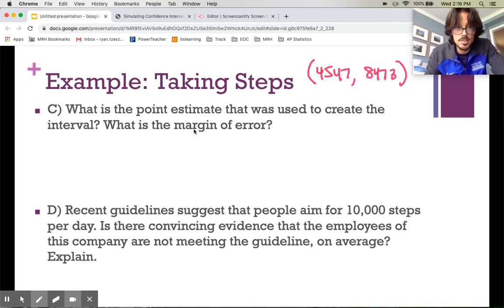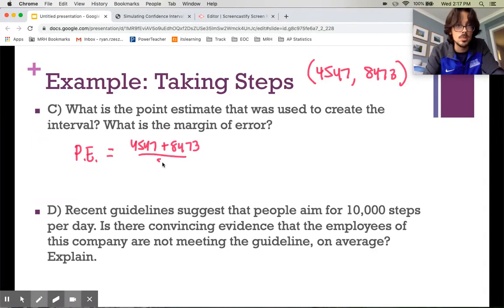If you think back to my example way back when I started this lesson, the point estimate is the middle of your interval. So if I were to average these 2 numbers and find the midpoint between them, that would exactly be my point estimate. I'm just going to add these up, and after I add them up, I'm going to divide by 2. If you do that, you get 6510 for your point estimate.